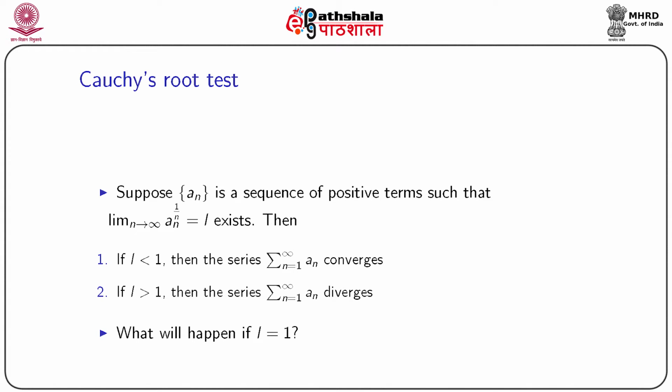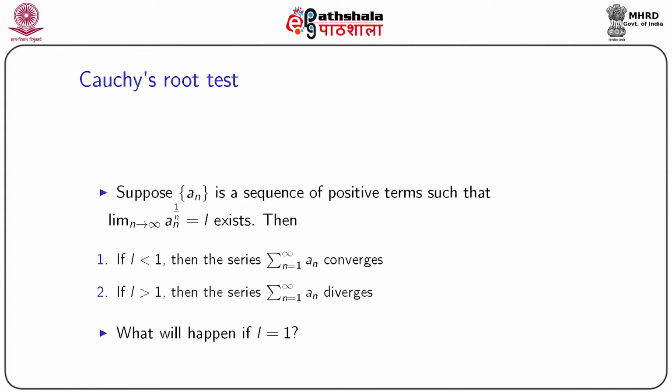The next test we will be talking about is called Cauchy's root test. Suppose a_n is a sequence of positive terms such that the limit as n tends to infinity of a_n to the power 1 over n is equal to L, and it exists. Then just like D'Alembert's ratio test, here we also have the same condition: if L is less than 1, the series converges.